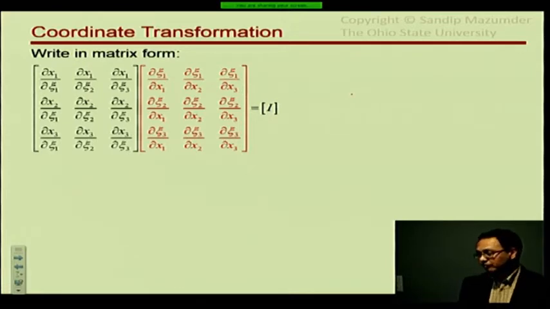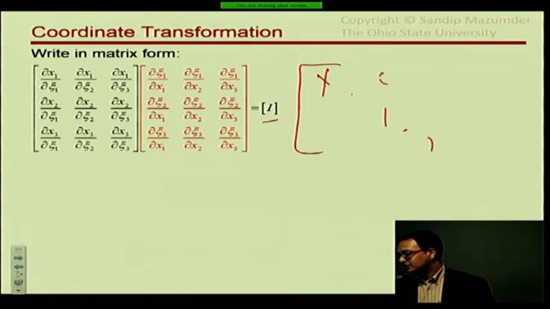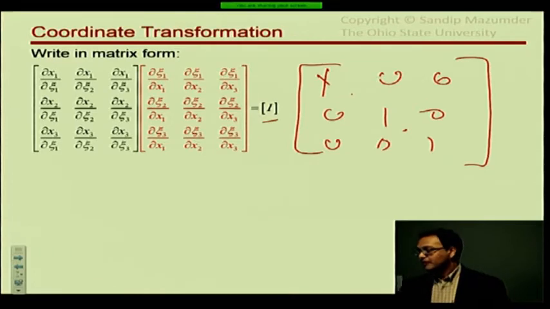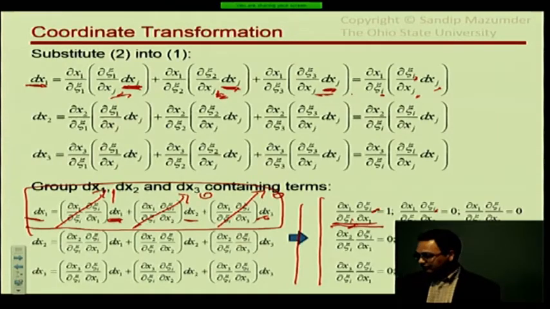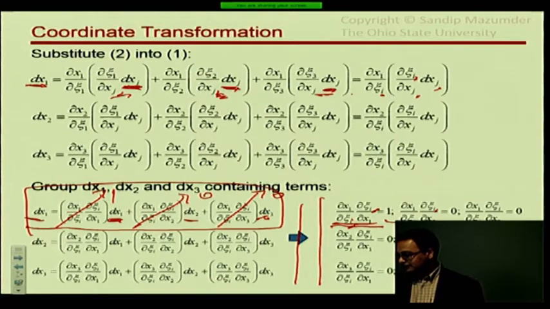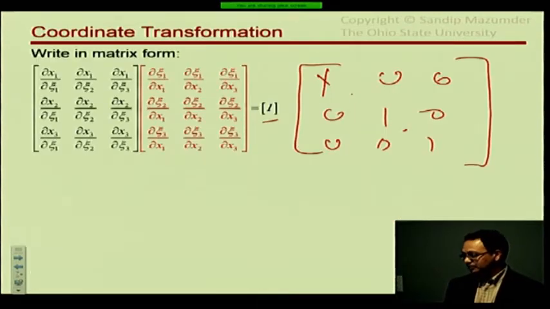This is the identity matrix, which obviously has 1s in its diagonals and 0s everywhere else, which come out of this nice form that you see here. That's what that represents.